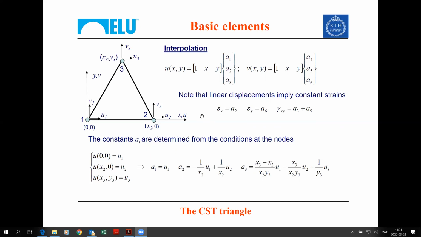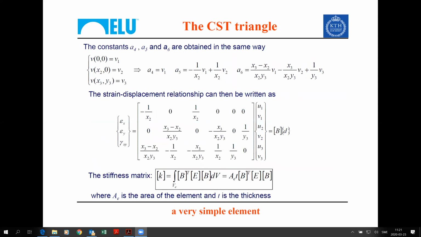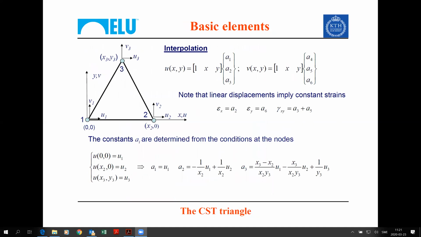Other questions? The degree of the polynomial is always connected to 2 things. Number 1, the terms of the complete polynomial I need to have in my approximation. In this case, with first order derivatives in the expression of the total potential, I need to have a complete polynomial of first order.